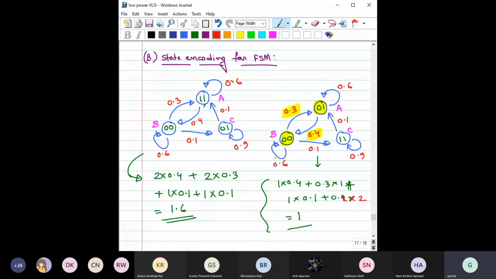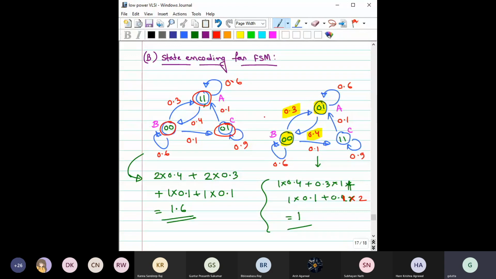Then the last one is state encoding in an FSM. Suppose you are making a finite state machine arrangement. You have to assign the states, either 00, 11 or 01. How do you define it?